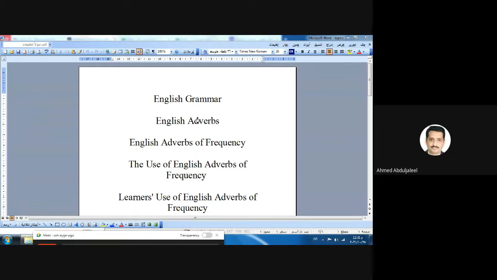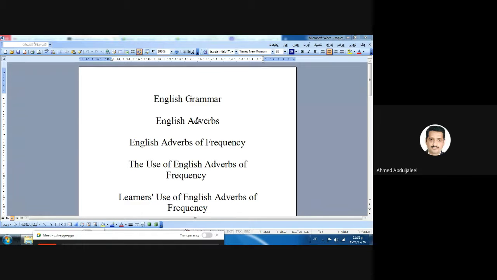Now we have another question. The use regarding what? Who is going to use them? Of course, we are talking about learners. Then we are going to limit. We are going to say learners' use of English adverbs of frequency. Is it okay? No, we have something else. What type of learners? Native speakers or foreign learners?